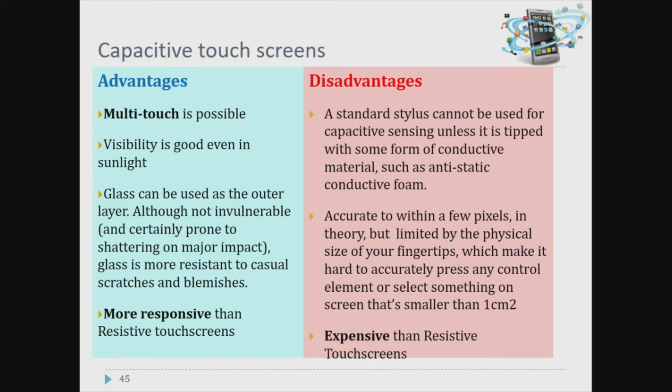How about the disadvantages? A standard stylus cannot be used for capacitive sensing unless it is tipped with some conductive material, because the process of detecting the location of your touch is based on electricity, so it must have conductive material such as antistatic conductive foam.